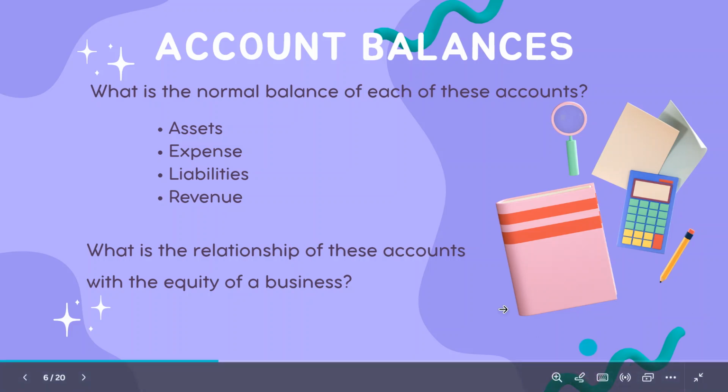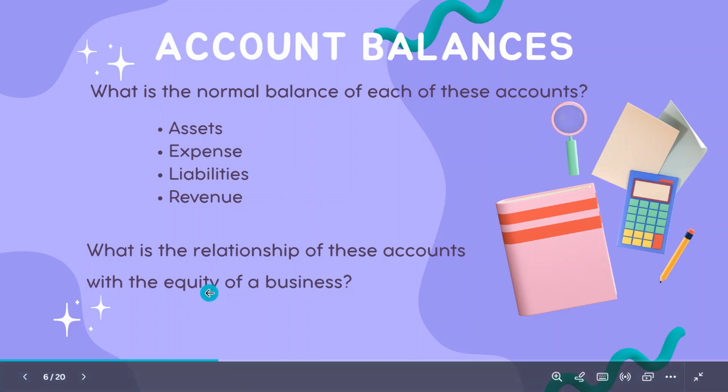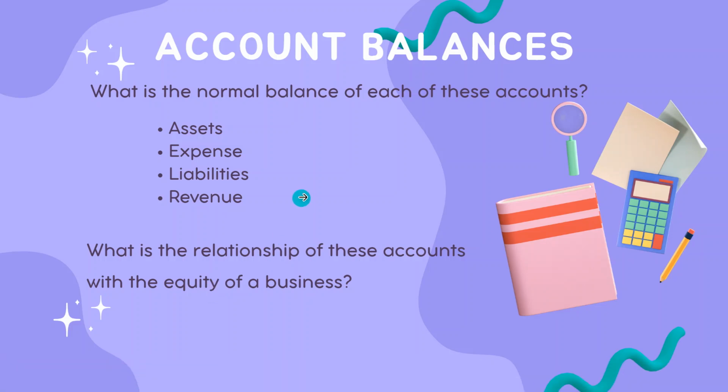So what is the relationship of these accounts with the equity of a business? Assets minus liabilities equal the equity. What you own minus what you owe equals the equity or the value of the business.